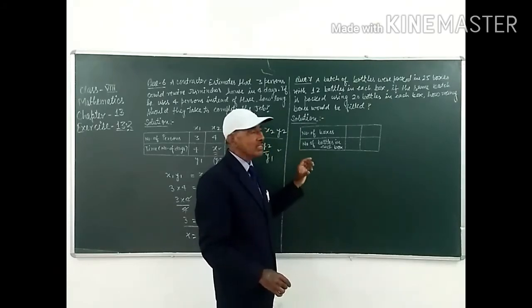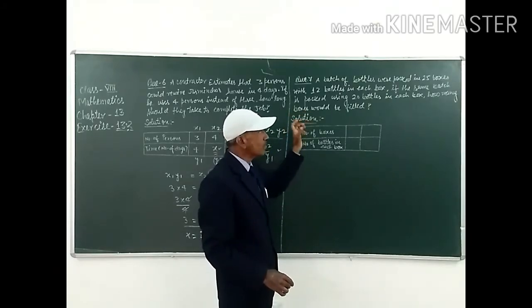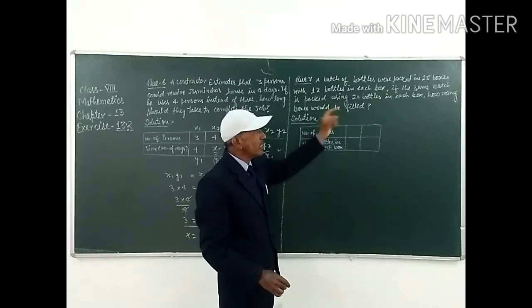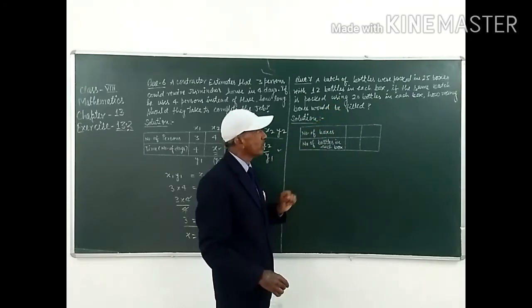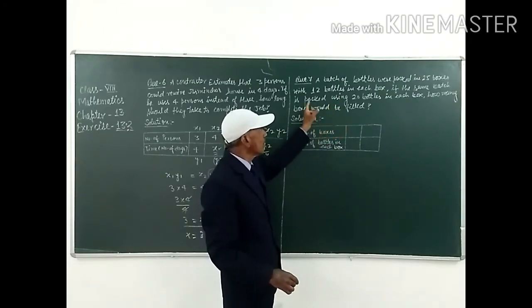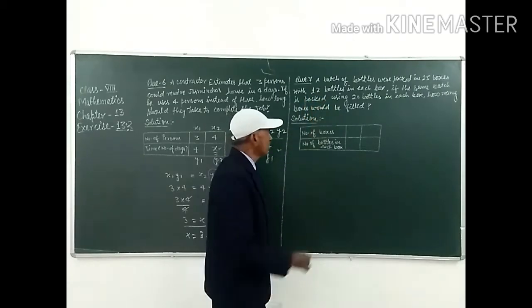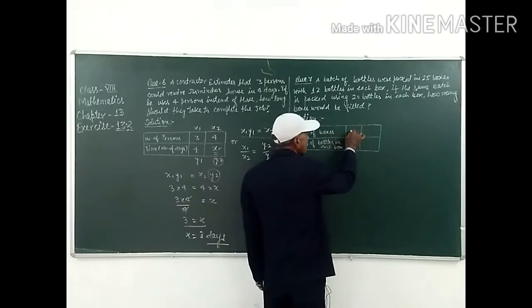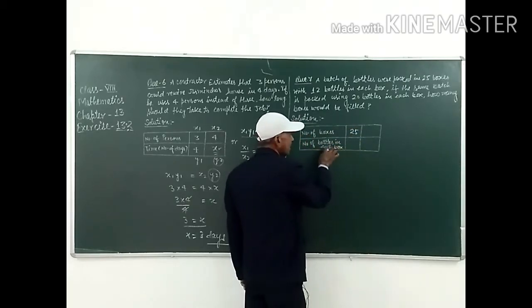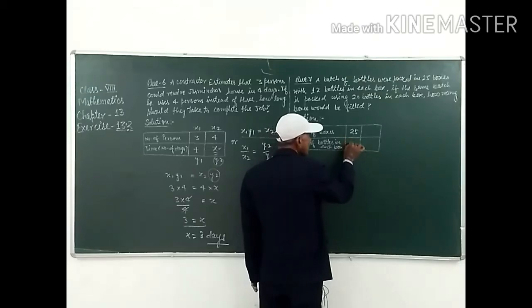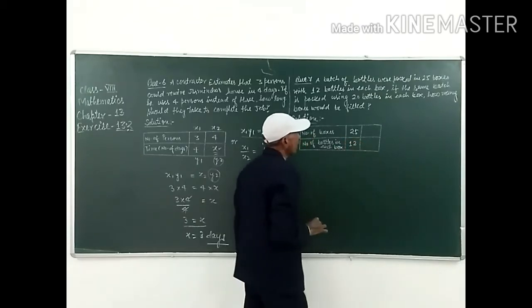When we pack 12 bottles in each box, then it requires 25 boxes, students. So for 25 boxes, there will be 12 bottles in each box. So the number of boxes is 25, and the number of bottles in each box is 12.